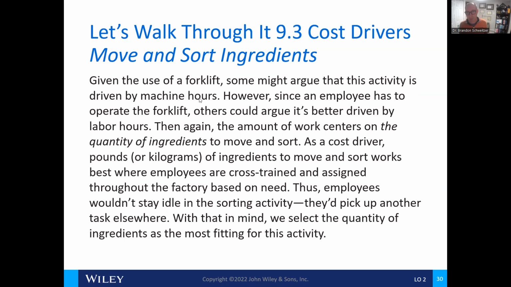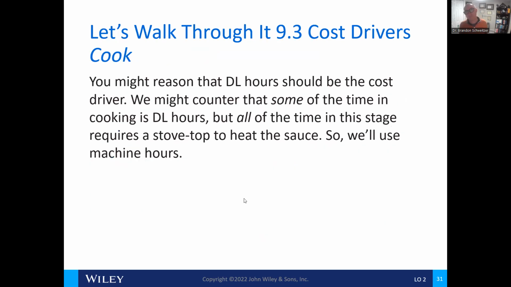However, as a cost driver, ingredients in terms of weight for moving and sorting might be more accurate because it measures the amount of time that employees are moving things around rather than being idle. So for that reason, we would look at the number of pounds. In terms of cooking, we look at the amount of machine hours, since the machines are doing most of the work.